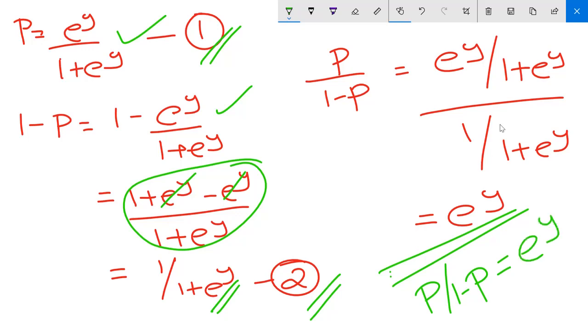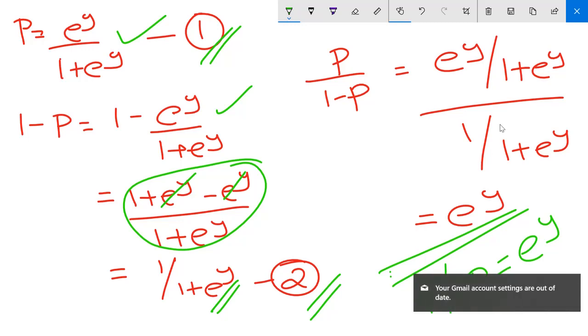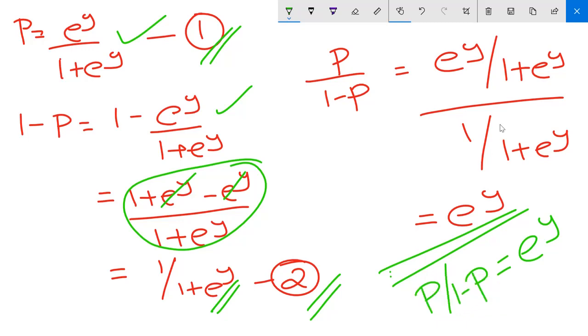This is our main equation, known as the odds ratio, which we'll come to later. I think you have understood till here.